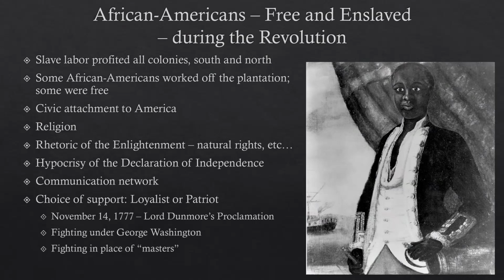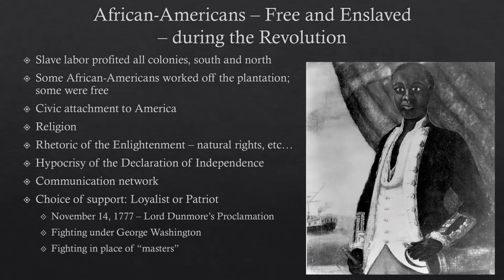George Washington initially allowed it, but then stopped allowing slaves to serve in the military. But then, desperate times call for desperate measures through his eyes, and so he then allowed the formation of African American units in the Patriot Army.